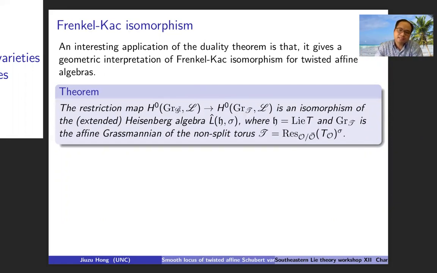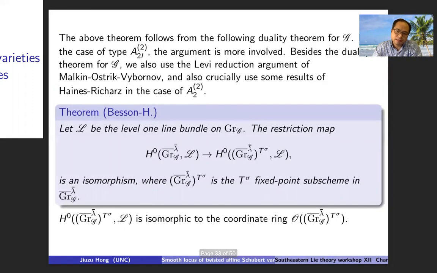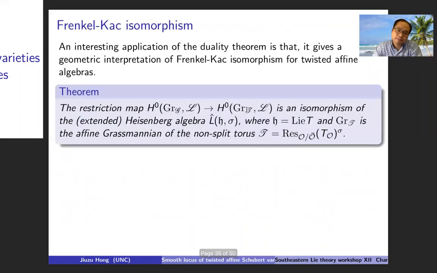If you take the dual of this side, you will get the sum of level 1 highest weight integrable highest weight modules of the twisted affine algebra. And on this side, if lambda bar becomes more and more dominant, this will be isomorphic to the affine Grassmannian of this twisted torus, and this side will exactly give you the Fock space of the Heisenberg algebra L hat H sigma.